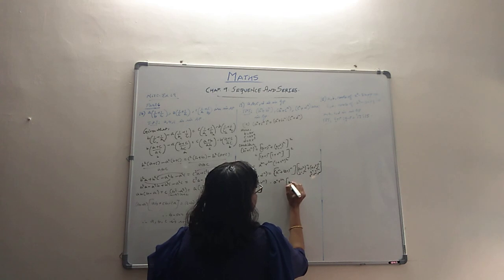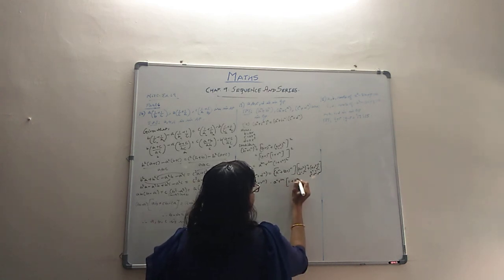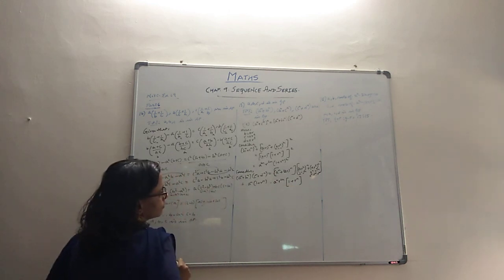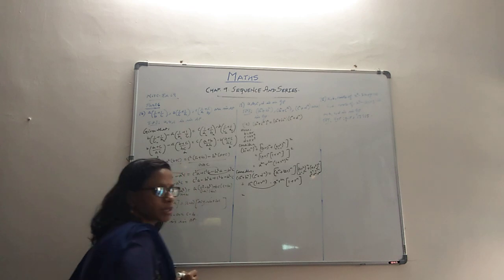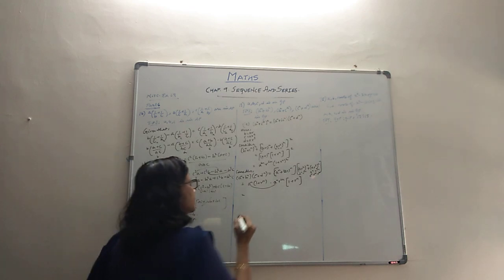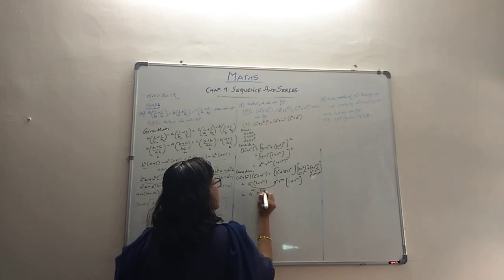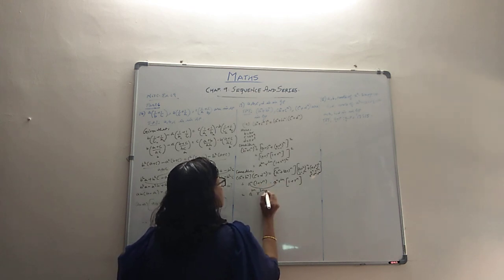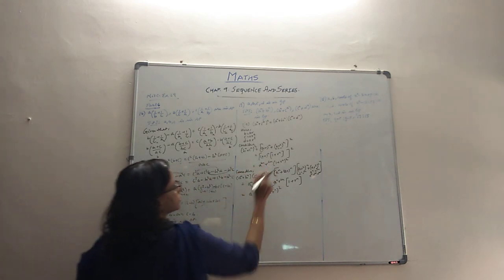Because that is common, in the first term only 1 is there, and in the next term R raised to n is there. You could club this: A raised to n into A raised to n becomes A raised to 2n, n plus n. R raised to 2n is already there. And this is both the brackets, so that can also be squared. And that's exactly what they have told here, right?